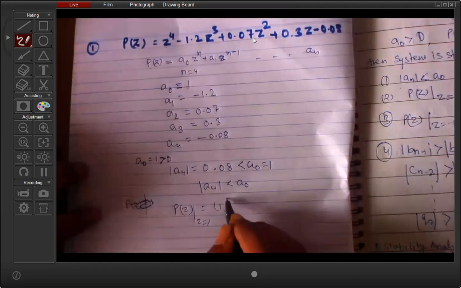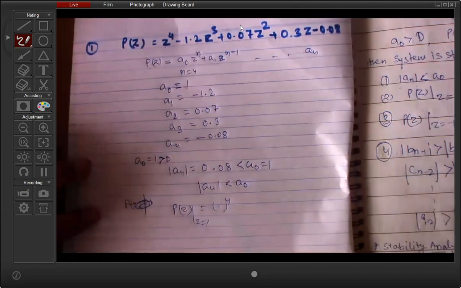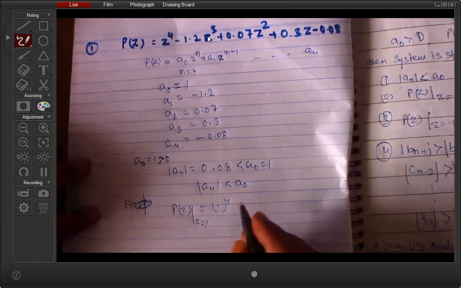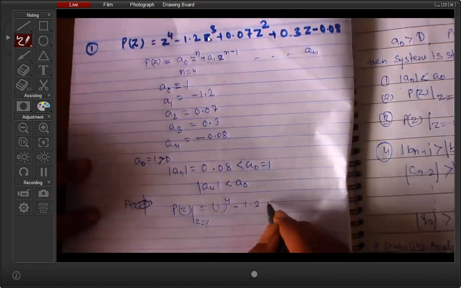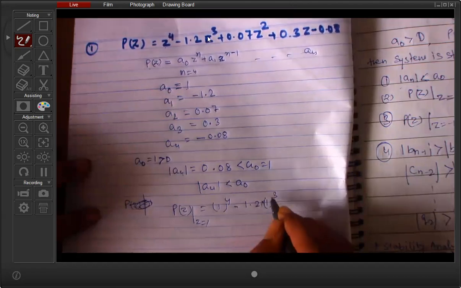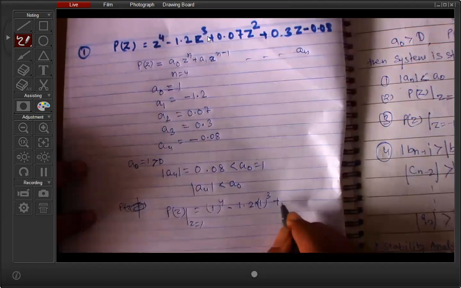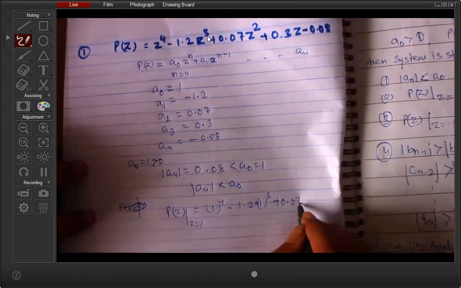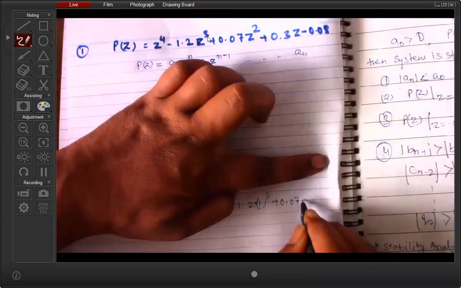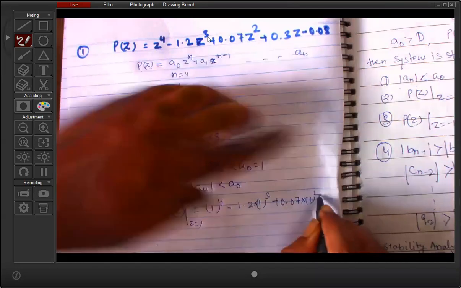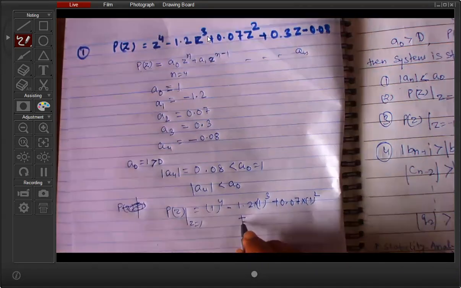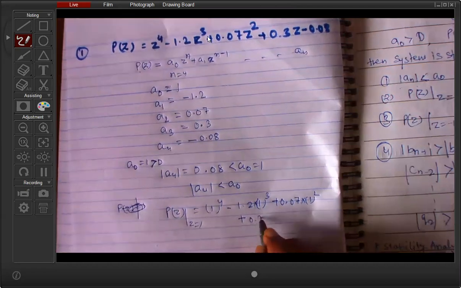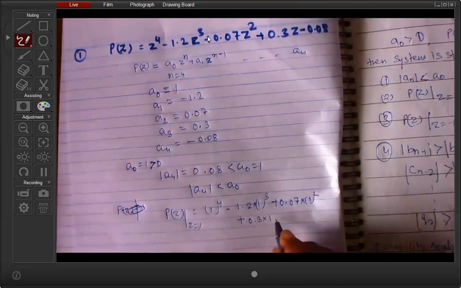So 1 to the power 4 minus 1.2 into 1 to the power 3 plus 0.07 into 1 squared plus 0.3 into 1 minus 0.08.